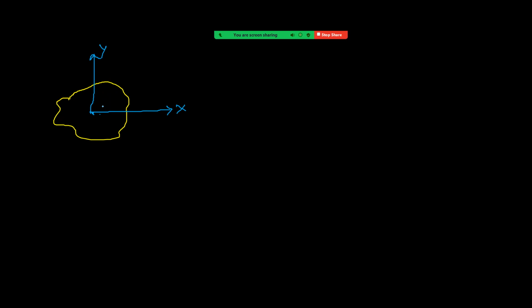See how to calculate. Let us consider one point mass. Its mass is dm and its coordinates are x comma y. About the x-axis, we have to take all point masses.